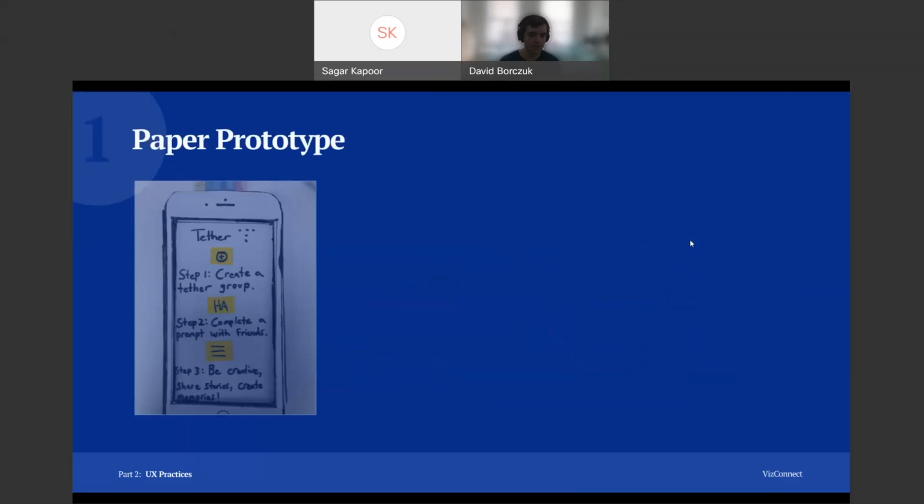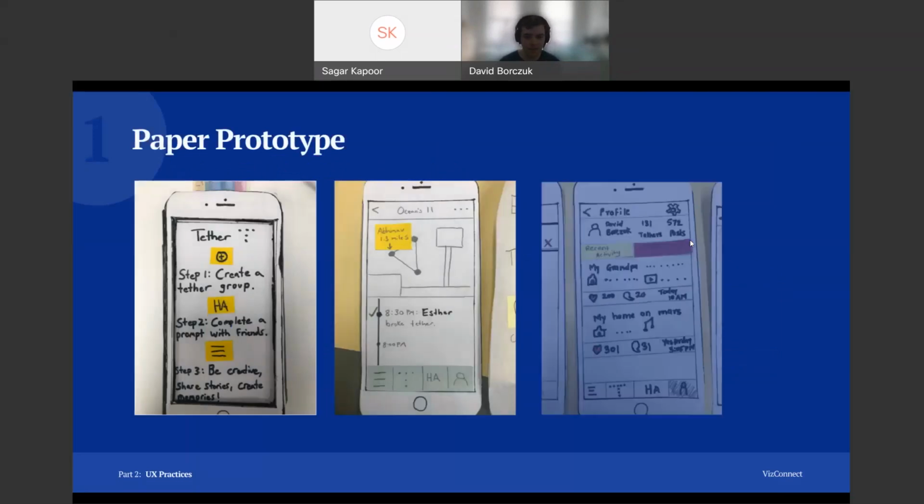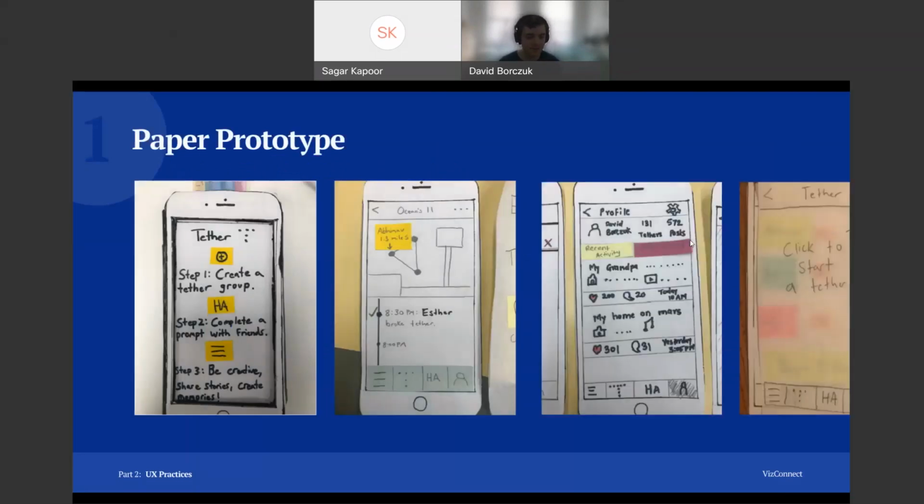So paper prototype, here's an example of a paper prototype that I built in grad school when I created an application that helped reduce the incidence of sexual assault and sexual violence in college environments. Basically, the idea is that you have a group of people that are tethered to a geolocated system.